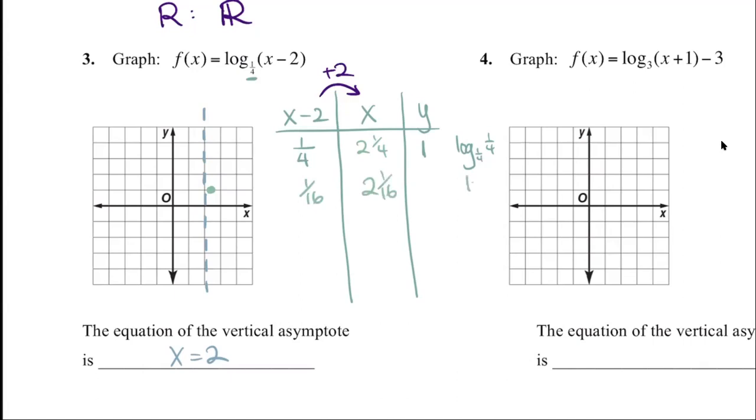Good. All right, and then when I plug in that 1/16, what do I get for y? 2. Good. So 2 and 1/16, I get 2. So even closer to that asymptote. Okay. Give me one more number to plug in. Michael Y.